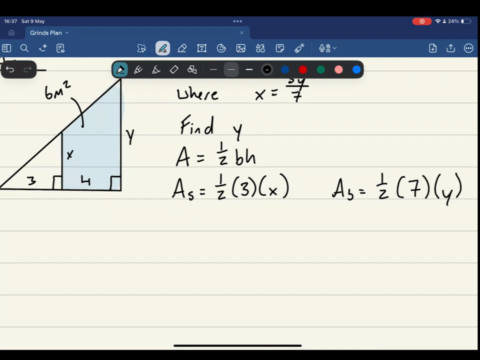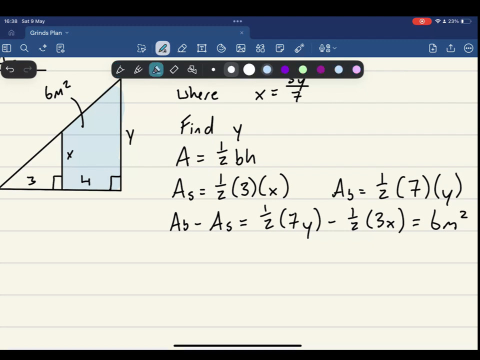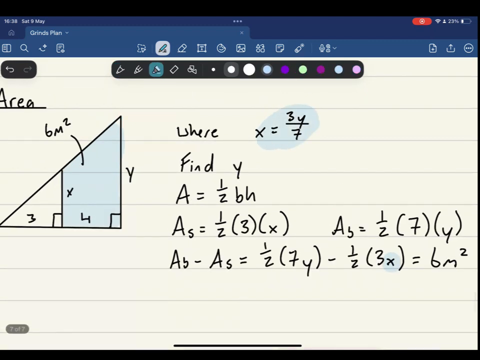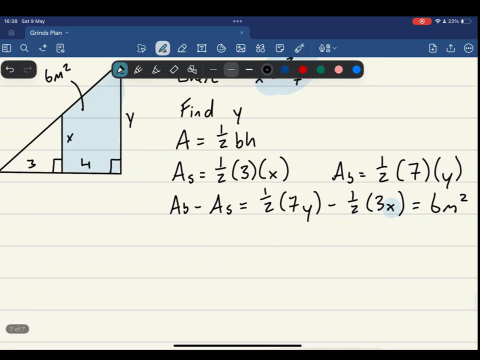To find the area of the shaded region, we're going to take the area of the big triangle and subtract the area of the small triangle. That will give us half of 7y minus half of 3x. But this equals 6 meters squared, as told in the question. But we know x is equal to 3y over 7. So we can sub that in to get everything in terms of y.